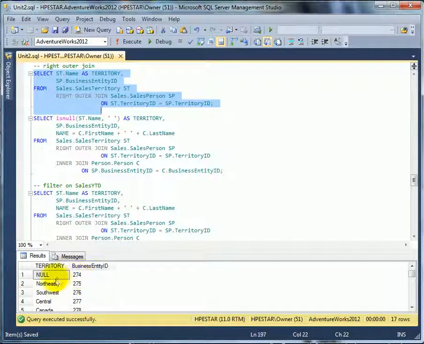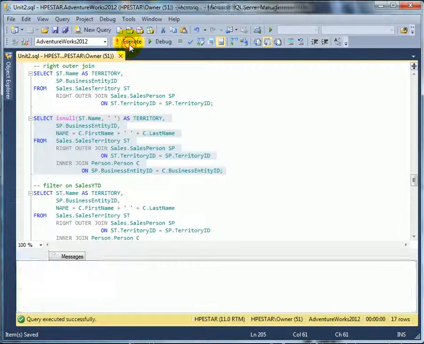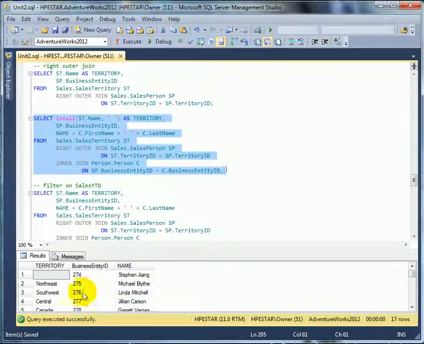Business entity ID 274 does not have a territory. And instead of a business entity ID, we listed the name to make the report more meaningful.